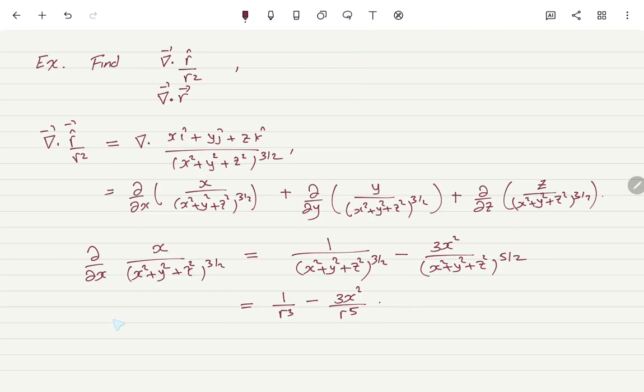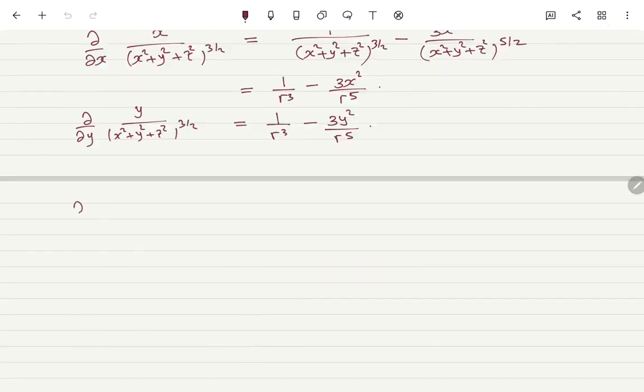If we follow the same procedure for this part, you will find partial y divided by (x² + y² + z²)^(3/2) will be equal to 1 over r³, same rule here, minus, instead of x we will use y, 3y² over r⁵.